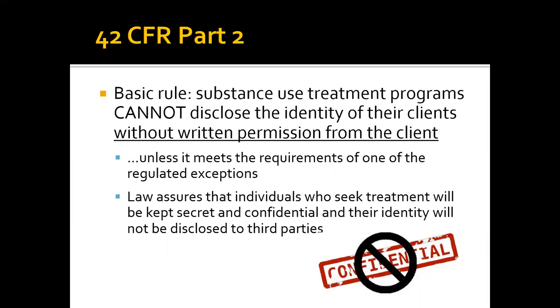So there are a handful of exceptions in which a substance use treatment program can disclose the identity of their client that are specifically spelled out in the Federal Code of Regulations. But if it does not meet one of the requirements of those exceptions, then in all cases, you cannot identify a client. Now, this law assures that individuals who seek substance use treatment will be kept secret and confidential, and their identity will not be disclosed to third parties.